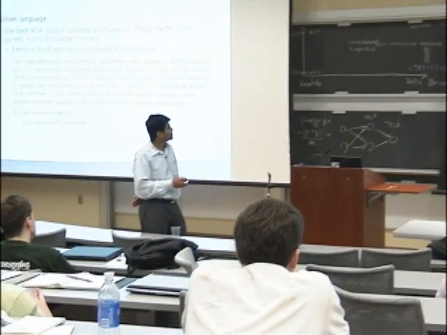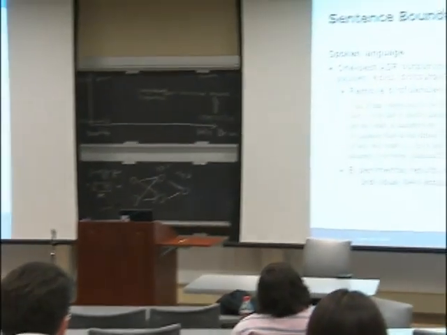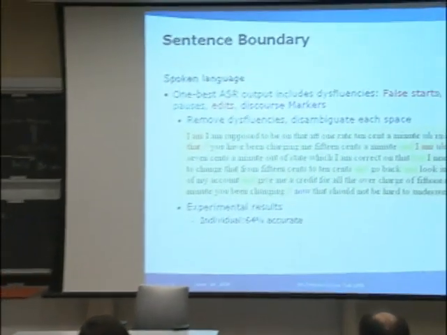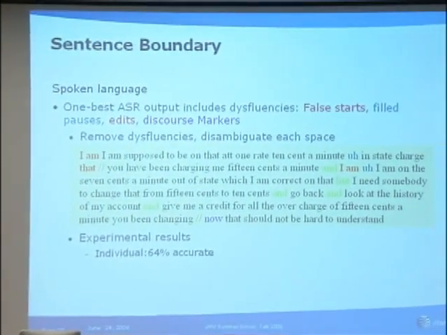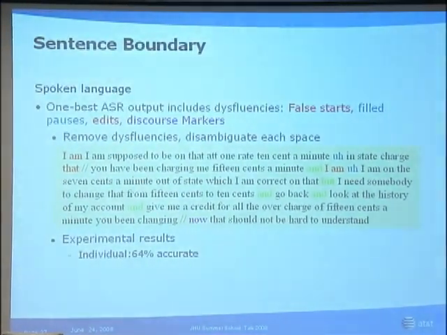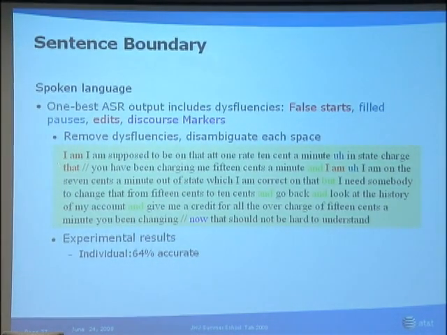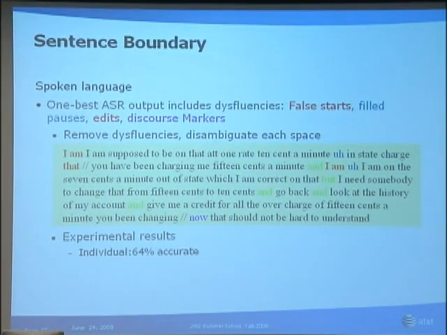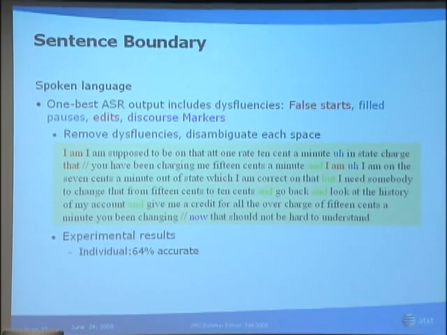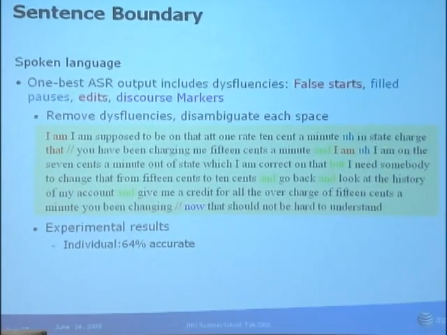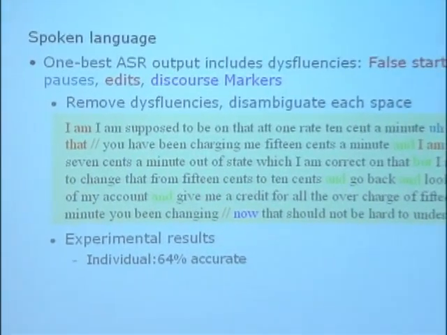Here's a sentence boundary problem. This is typically how a speech recognition output looks like, and this is how people talk. This is a pretty good transcription. But the thing to notice is that it's one long stream of words. There's no sentence segmentation, boundary, semicolon, comma, nothing of that kind that you see in edited text.